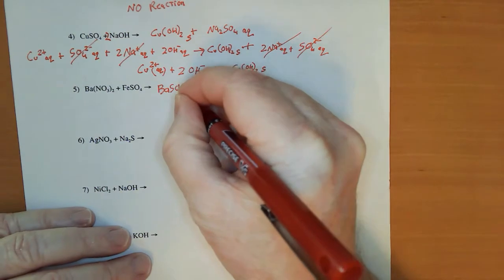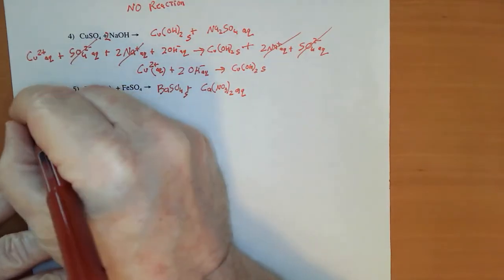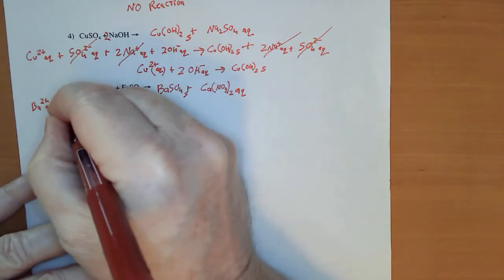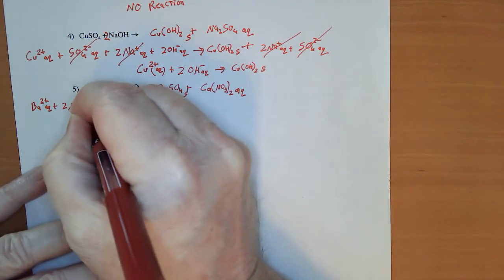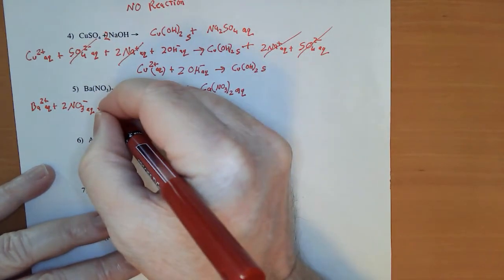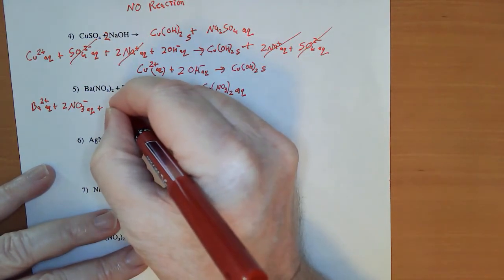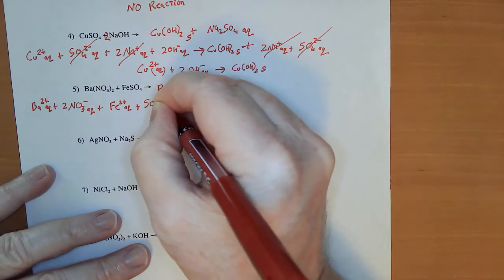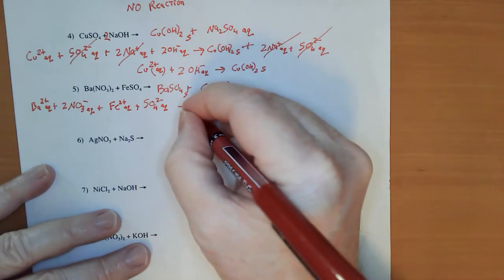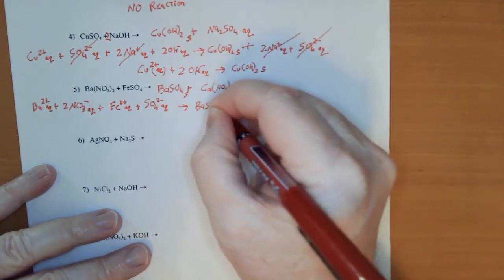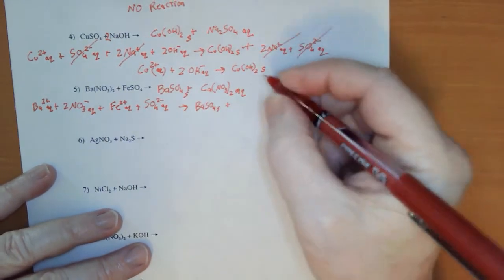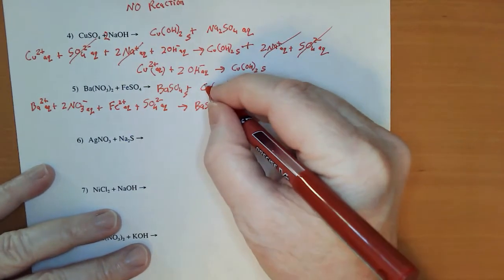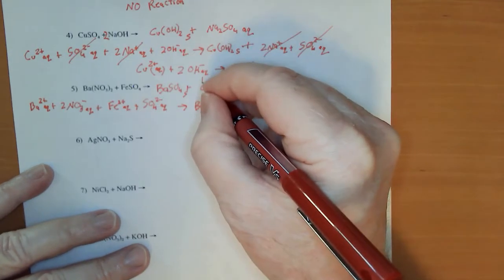So that's the solid. So what am I getting? I'm getting Ba2+ aqueous, 2 nitrates aqueous, and then Fe2+ aqueous, SO4 2- aqueous to give me BaSO4 solid. And I'm sorry, I wrote Ca there when I'm supposed to write iron. I am so sorry, people.